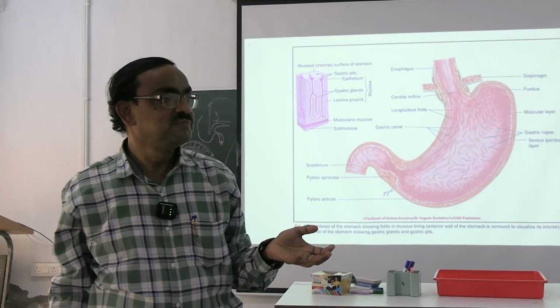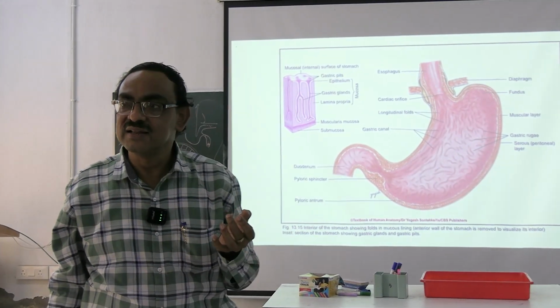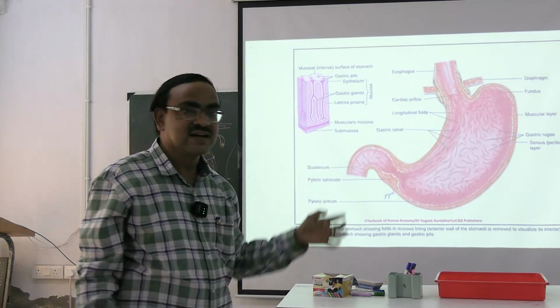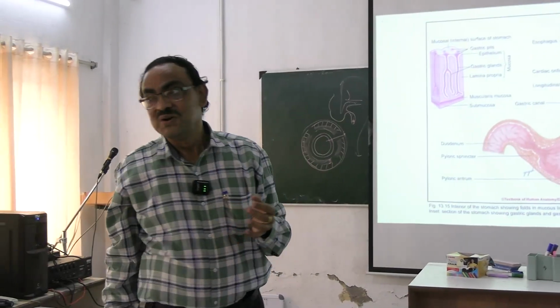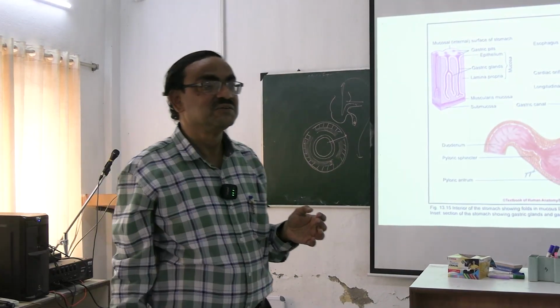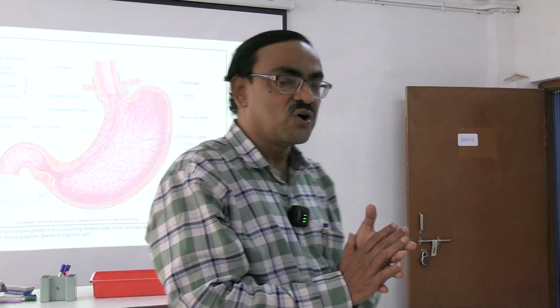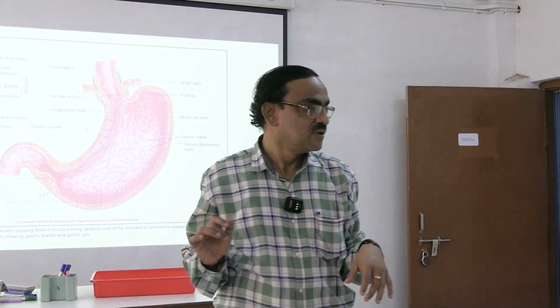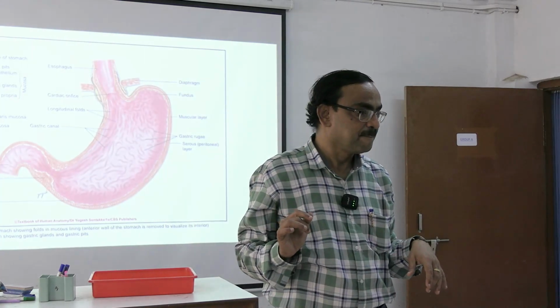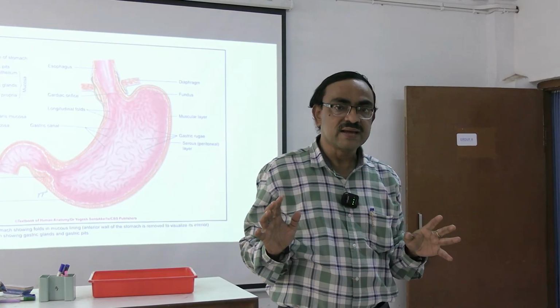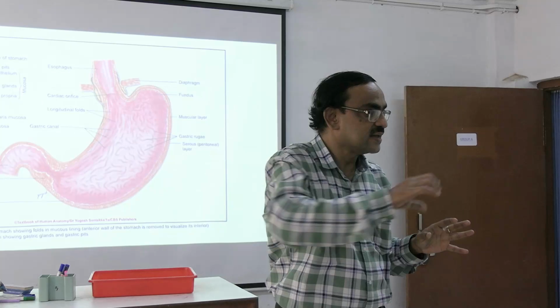So any corrosive will go through the gastric canal, near the lesser curvature. So the lesser curvature is very much prone to development of ulcers, because there is a poor supply of blood.